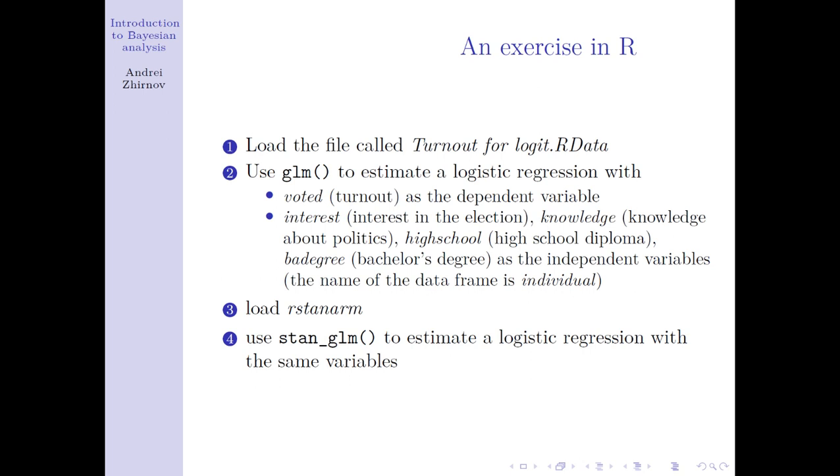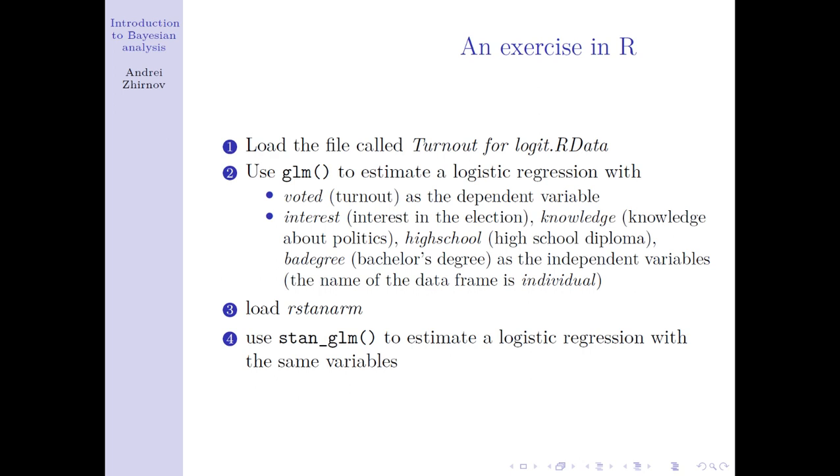As the first step, please load the file turnout_for_logit.R data. This file contains a data frame called individual with the information from the 2008 general election in Canada. This file is based on the 2008 Canadian election study, but has many fewer observations and many fewer columns in it.